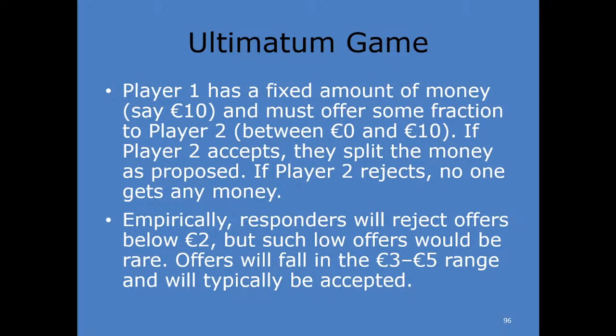But this finding is, here the example is €10, but the finding is quite robust to different stakes. Now, of course, stakes need to be adjusted to your relative wealth. The most common population of subjects, as I said last time, is students, and generally you're in the range of a €10, €20 split. So you might say, okay, I'm not going to be rich, but with €20 you start taking it seriously.